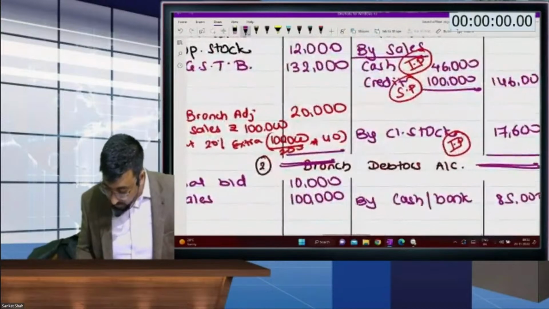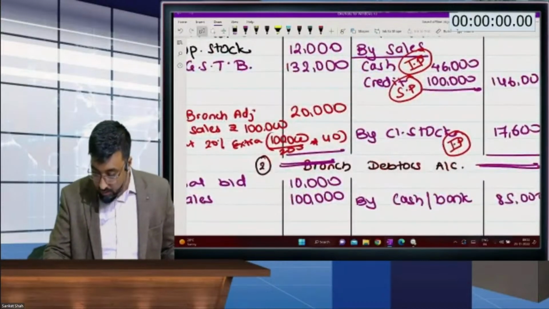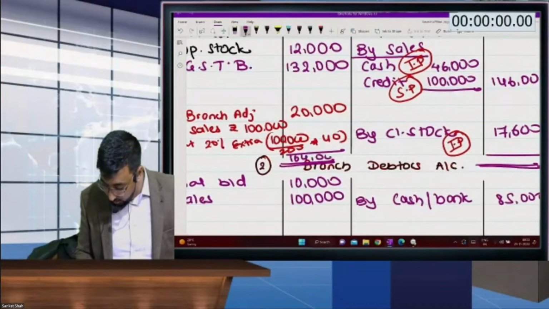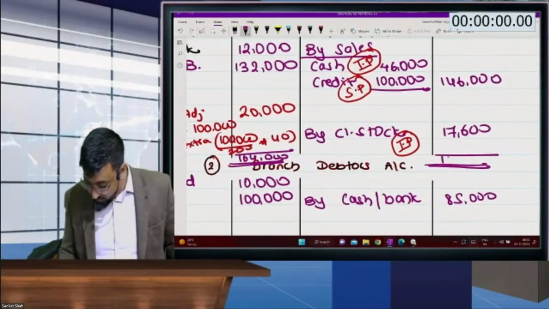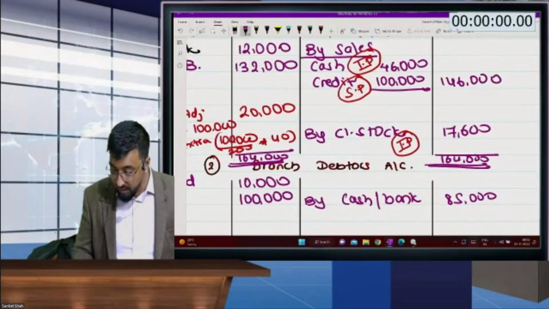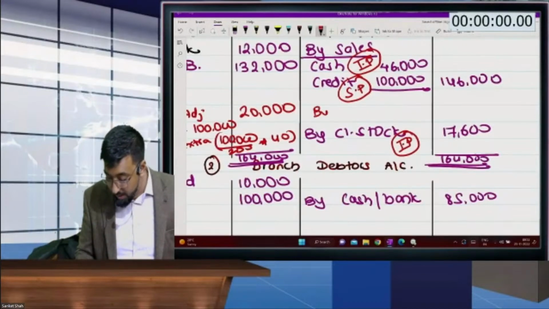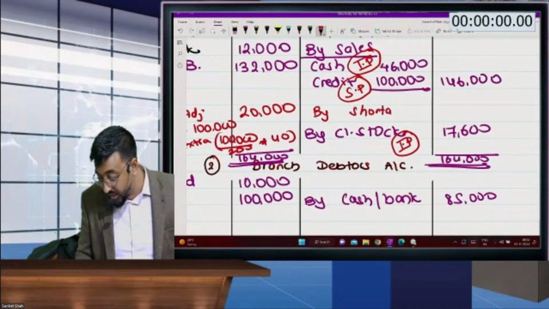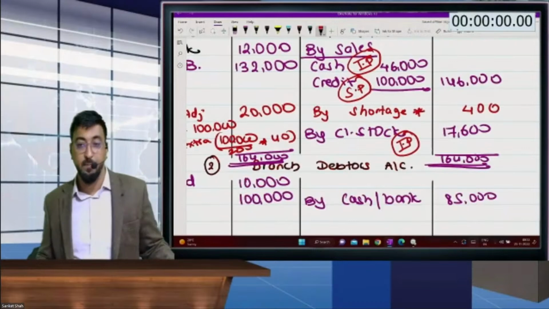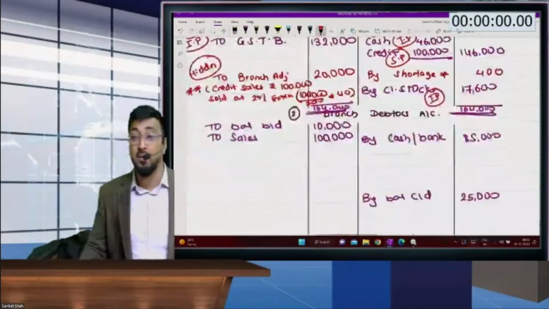So what is the balancing figure? 12 plus 132 plus 20. I am getting 1,64,000 here, minus 146 minus 17.6. And this is again the balancing figure, red pen by shortage. It's a balancing figure of 400. Shortage is a balancing figure.